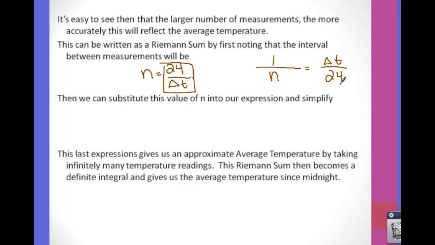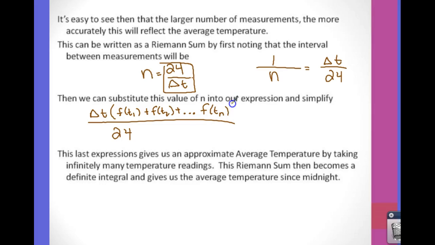Go back to the equation we just made above and substitute this in for your n. So now I have delta t all over 24, and I'm still looking at f of t sub 1 plus f of t sub 2 plus all the way to f of t sub n.